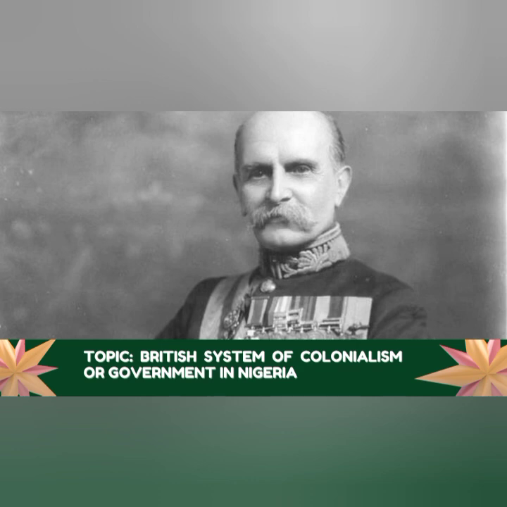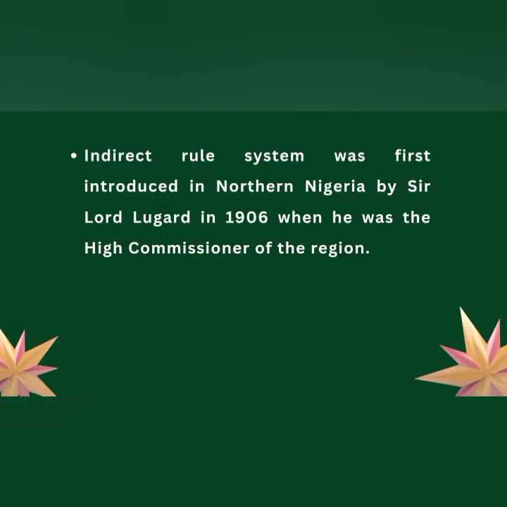And the man that introduced this system of indirect rule is Sir Lord Lugard. That explains why Sir Lord Lugard is popularly known in Nigeria as the father of indirect rule. So that is that about the system of government adopted by the British to rule Nigeria after the conquest of Nigeria was completed in the year 1900.